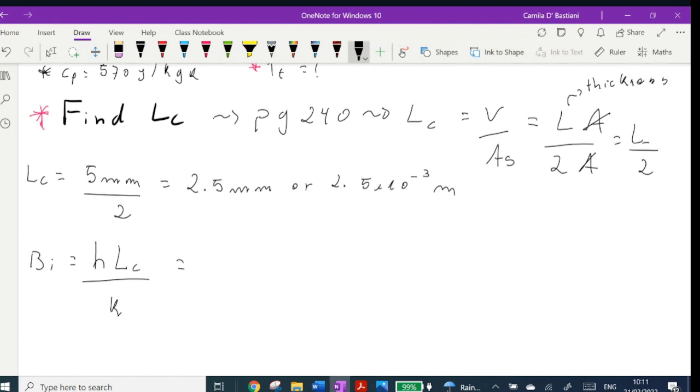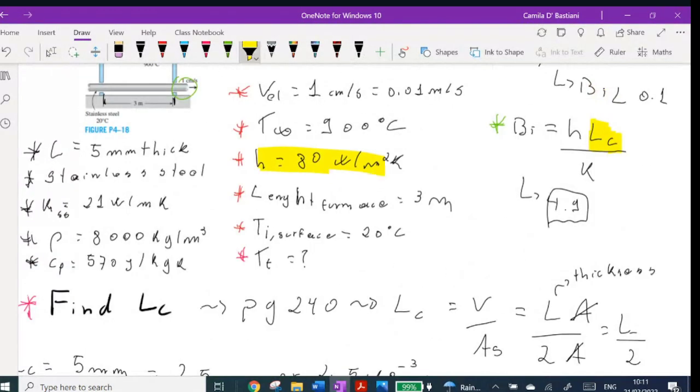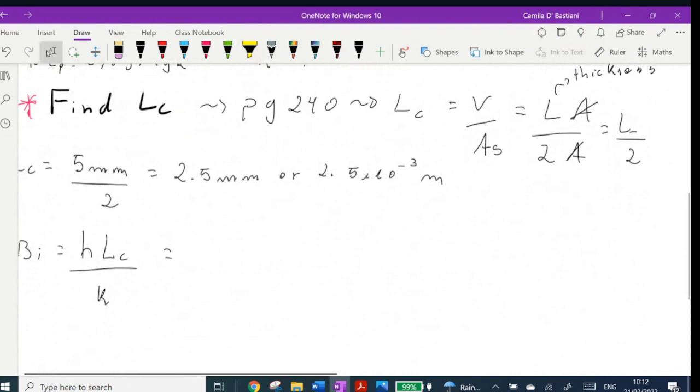So my h of convection was given already, that is 80, and was also given the stainless steel k. Okay, so I have everything that I need.